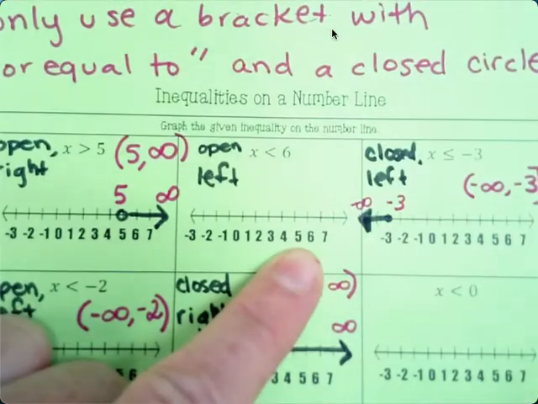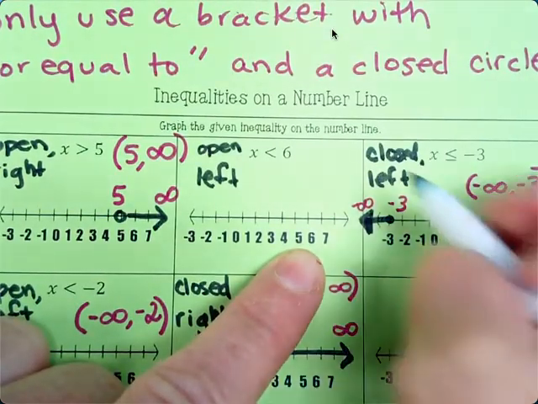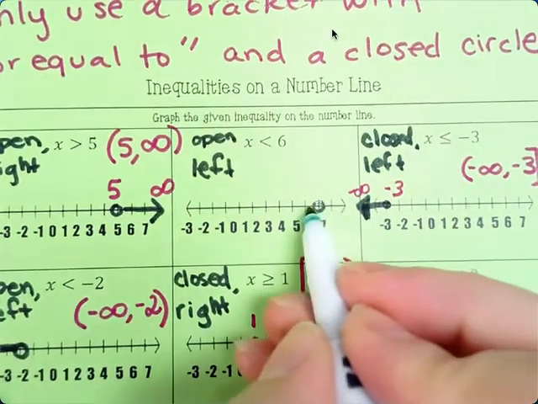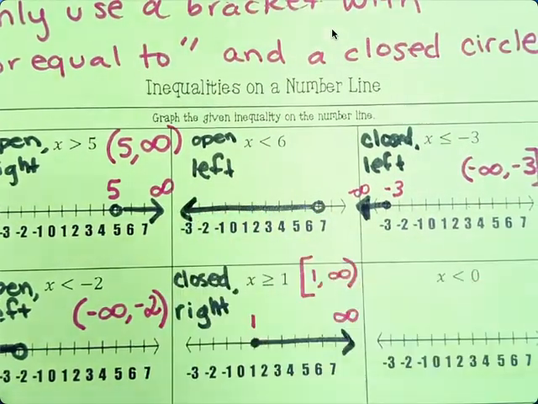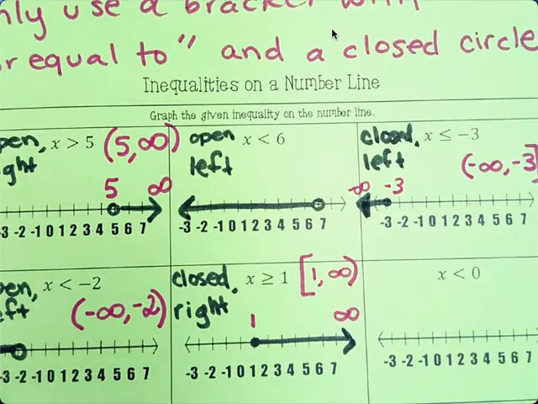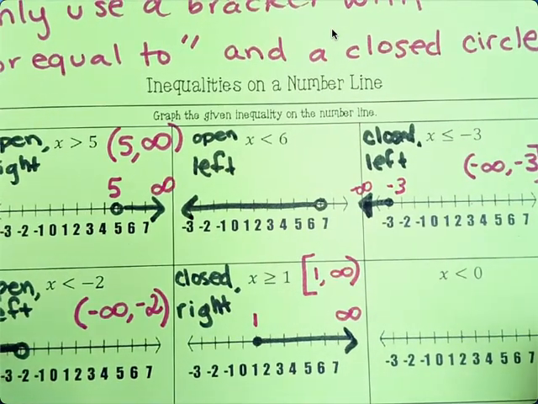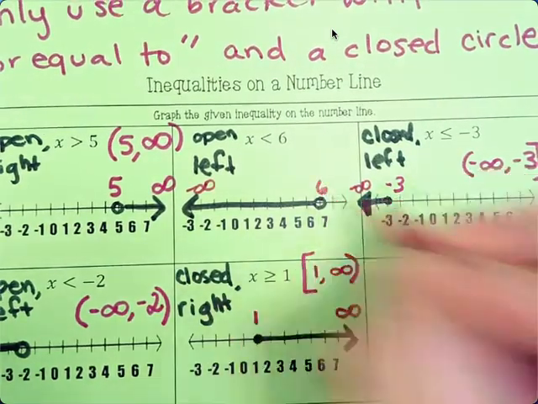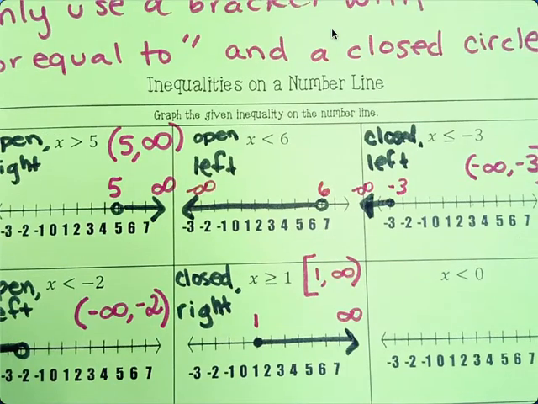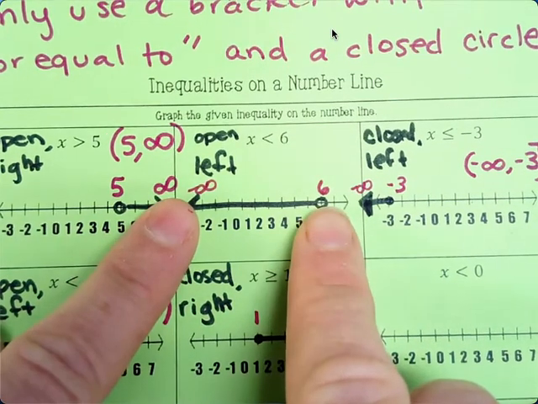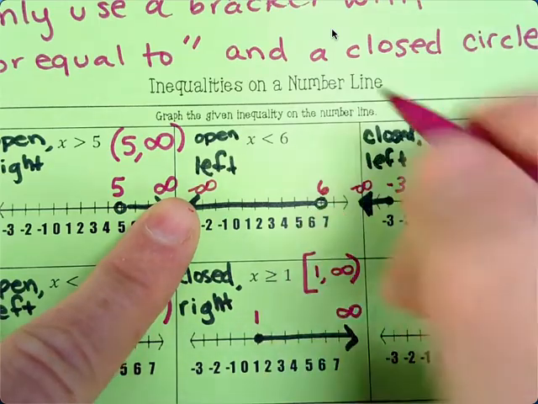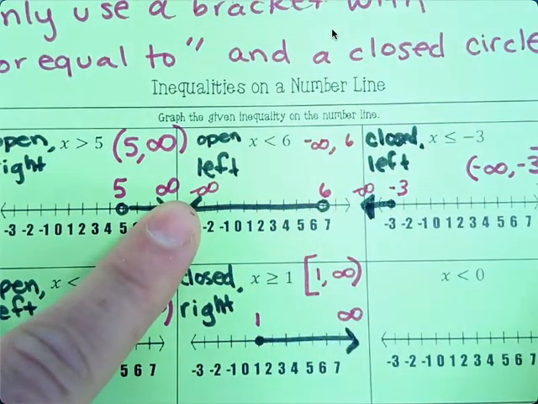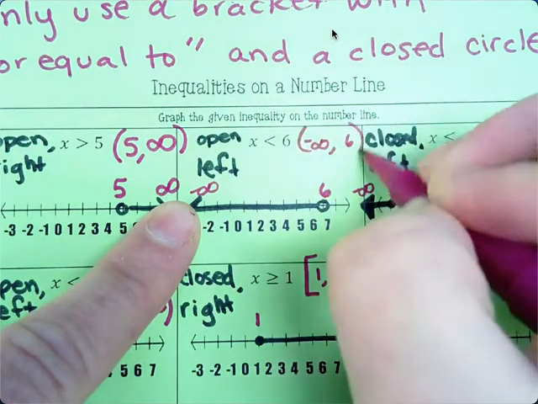The one in between 6 and 7. Okay. So this is open circle going left. This is going from negative infinity all the way up to 6. I put the numbers on here that way it makes my interval notation easier, and I can just write what I see from left to right. Open circle, so we got parentheses.